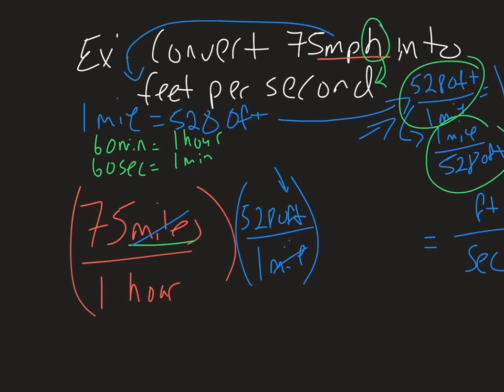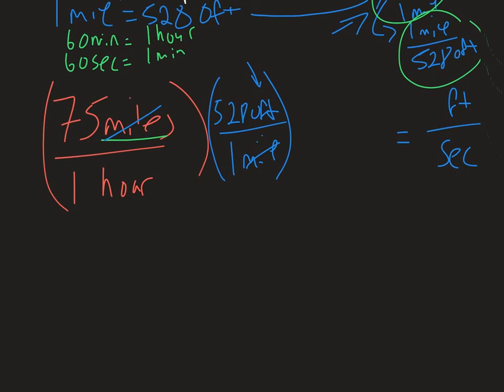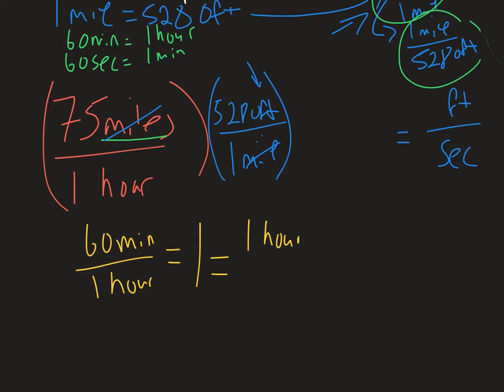And I'll do that below our work here, just so that we can see it. So 60 minutes divided by 1 hour is equal to 1, which is also equal to 1 hour divided by 60 minutes.